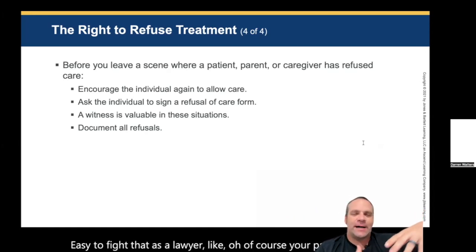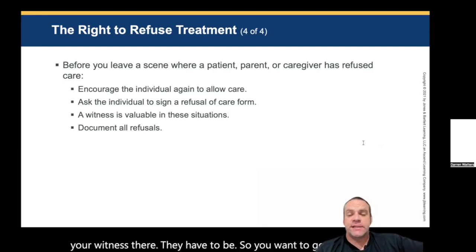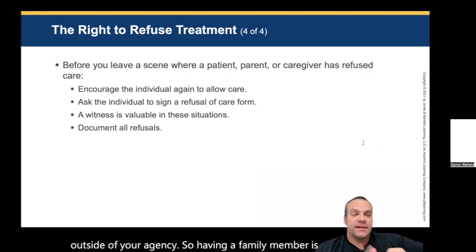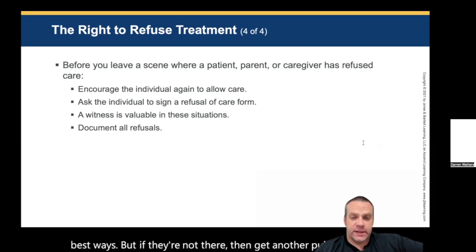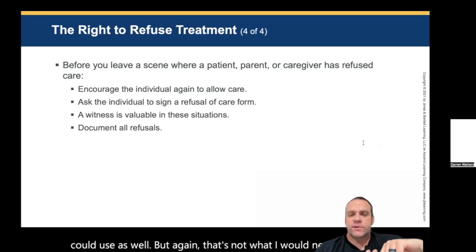So you want to get someone outside of your agency. A family member is one of the best options. If they're not there, get another public servant like a firefighter or law enforcement officer. Bystanders you could use as well, but that's not what I would necessarily go with. I would usually go with law enforcement or fire.